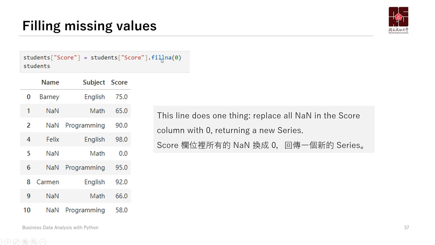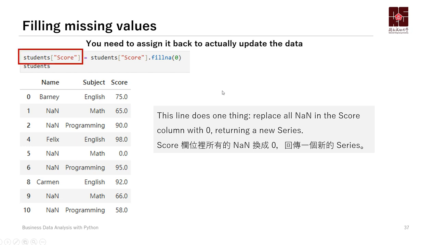We put the 0 into here, and that will be our final data set. So you assign it, to check that our data set is renewed, we need to put the equal sign here. So we need to assign it back.